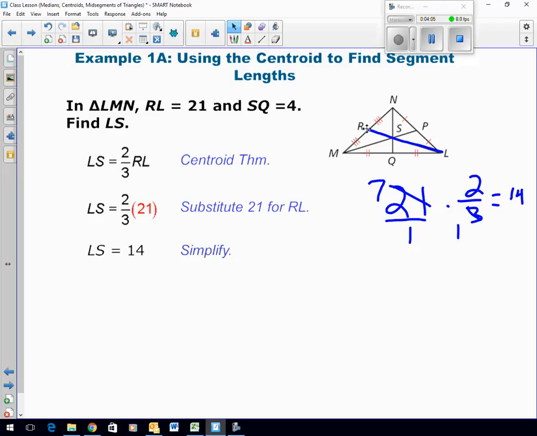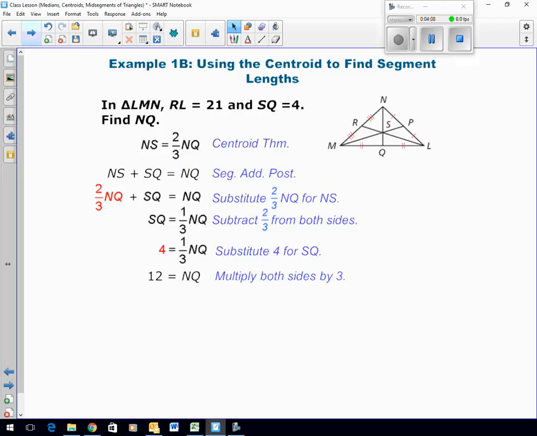What about N to Q? Remember, we said SQ is 4, right? So what's the entire length? Look how we do this. N to S is 2/3 of the distance N to Q. I don't know how far N to S is, and I don't know how far N to Q is.